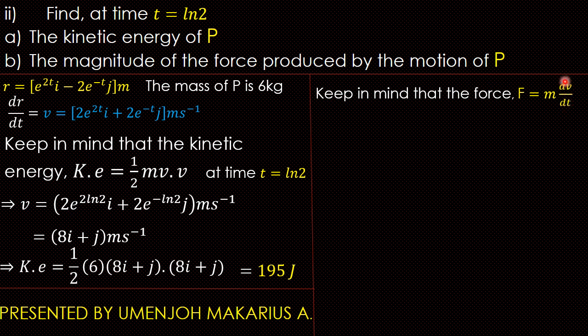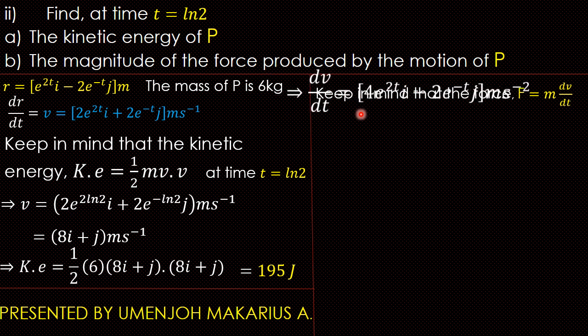We are going to replace the a in this case by dv by dt, since dv by dt in this case depends on t. Good. So now, since we have the velocity to be v equal to this, all we now have to do is simply differentiate the velocity with respect to time to get dv by dt, or the acceleration.